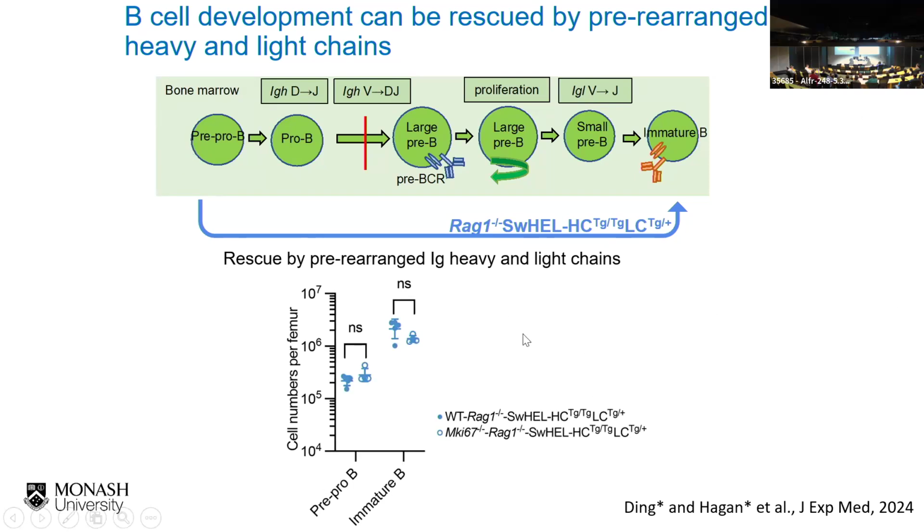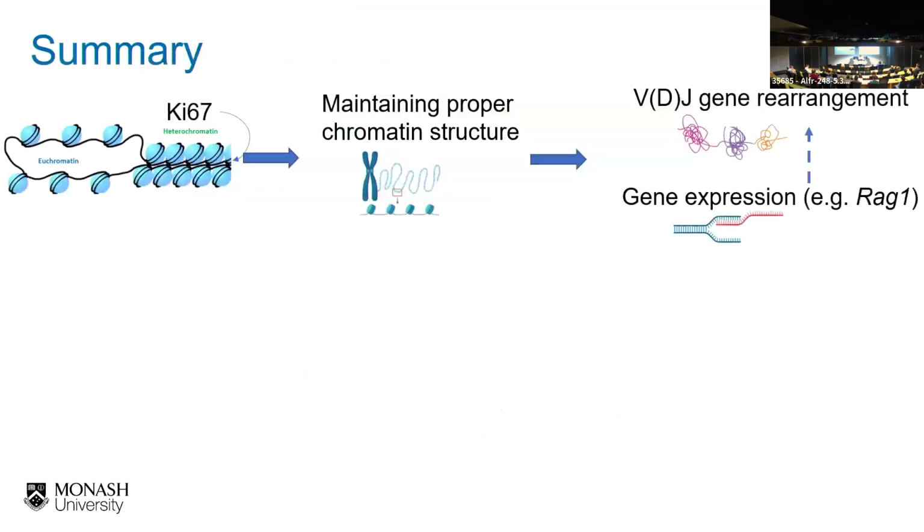As you see here, once you don't need all those rearrangement processes, the Ki67 deficient cells can still yield equivalent numbers of immature B cells, whereas in the previous Ki67 knockout cells with no rescue, it was 10-fold lower. So the B cell development can be rescued by those pre-rearranged Ig heavy and light chains, which again indicates that Ki67 plays a role in gene rearrangement.